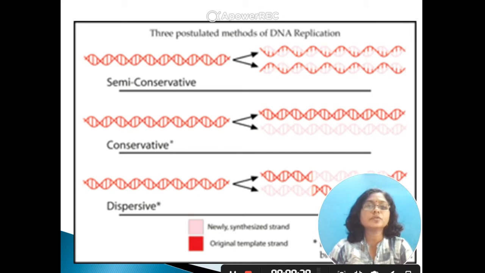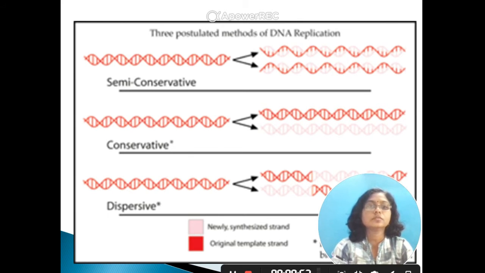There are three postulated hypotheses of DNA replication. It was thought that the DNA could replicate either conservatively, in dispersive mode, or semi-conservatively.